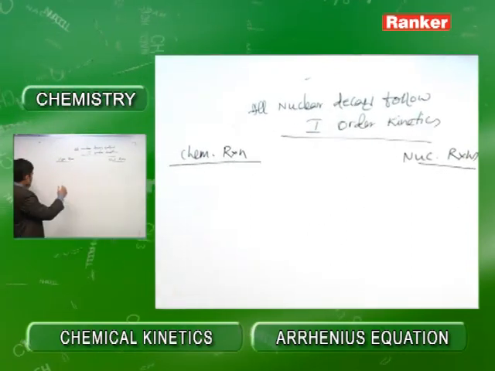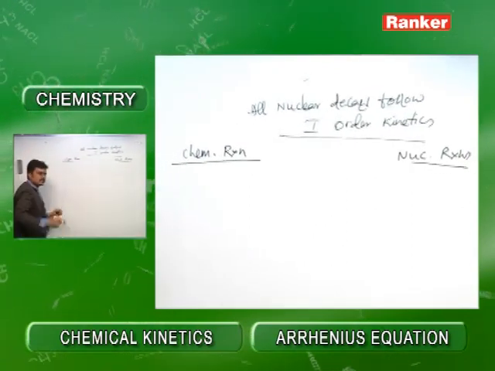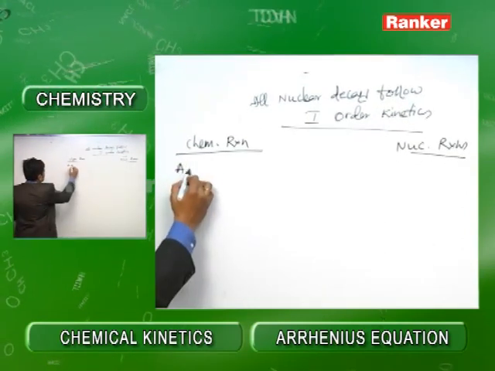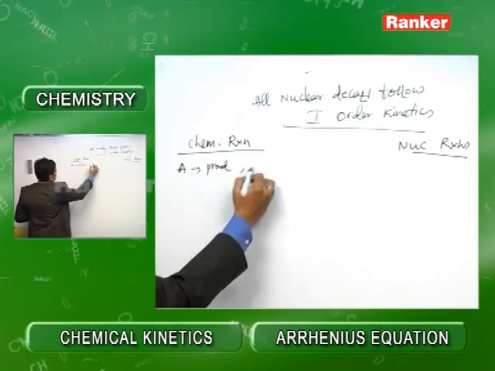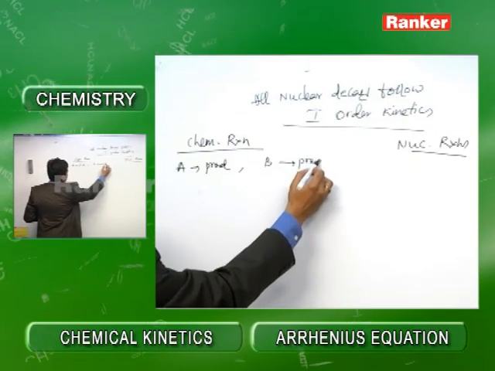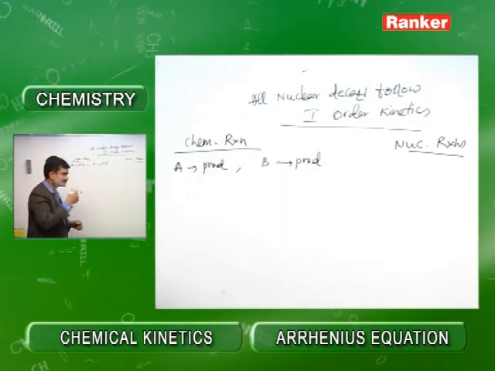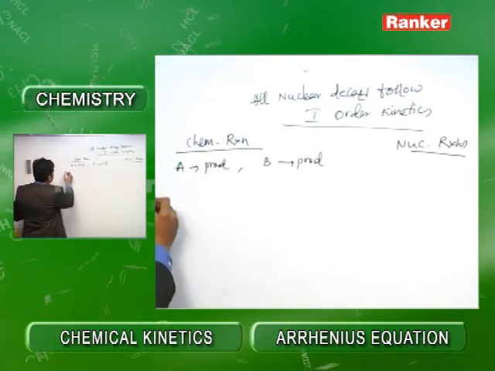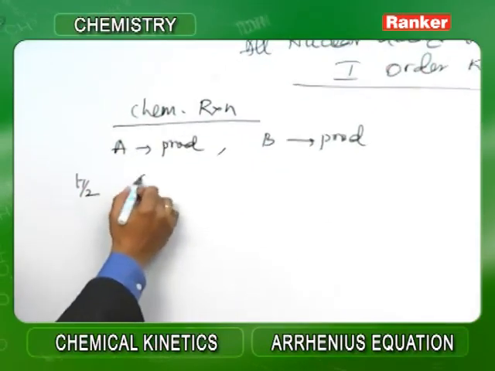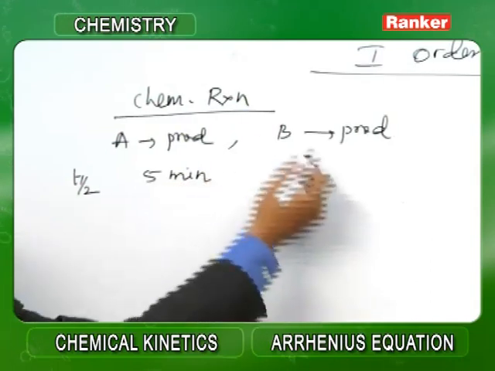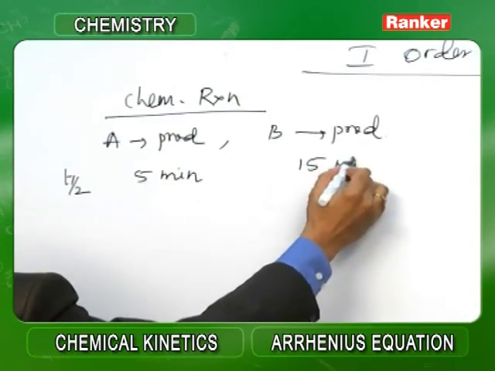Here it's given that there are two separate first order reactions taking place, say A giving rise to products and B giving rise to products. It has been given that the half-life period of this reaction is 5 minutes and this one is 15 minutes.